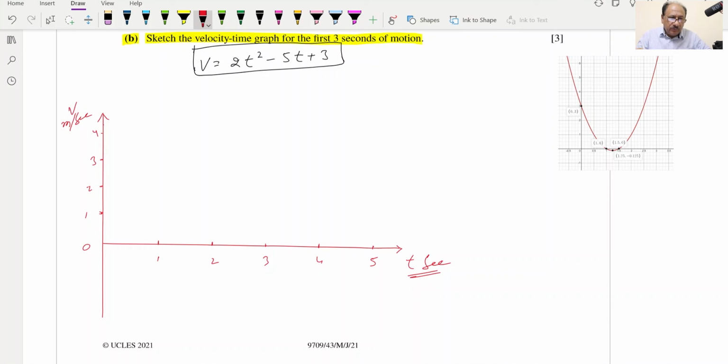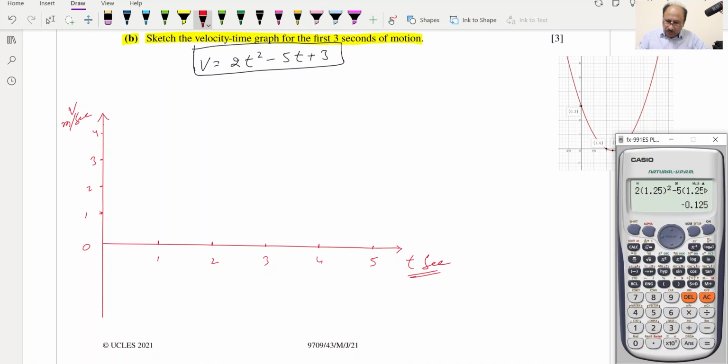Now we can use our calculator for this. We can just type the equation 2x squared minus 5x plus 3. So this is our equation. When t is equal to 0, or x in this calculator equation, calculating for x equal to 0, we will get 3.